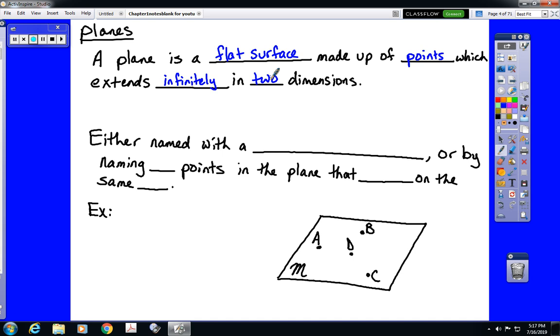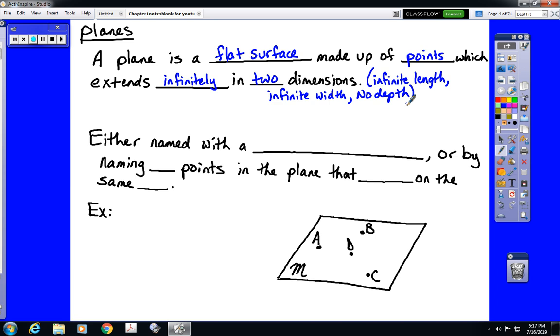So what we're talking about here is that we have infinite length, infinite width, but no depth. And this makes this extremely difficult for students because they have a hard time imagining that.